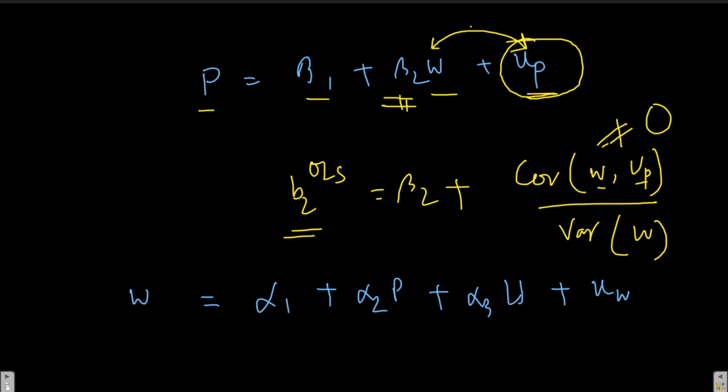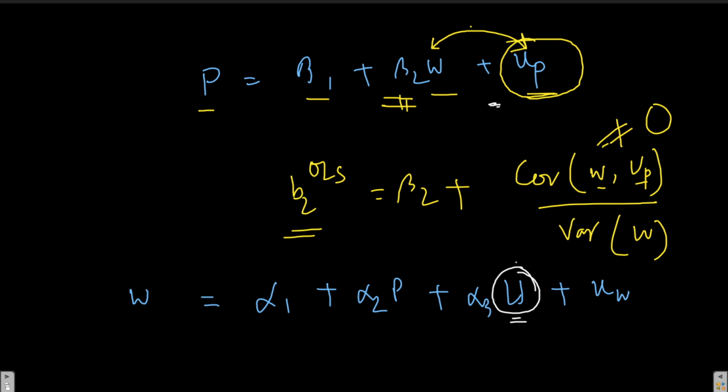This variable, capital U, is not determined by the equation. It is not an endogenous variable but rather an exogenous variable. It is coming from outside, and this U is not there in the first equation.